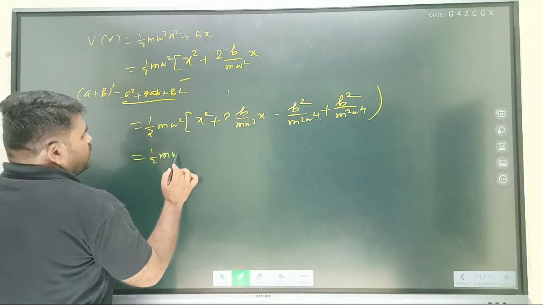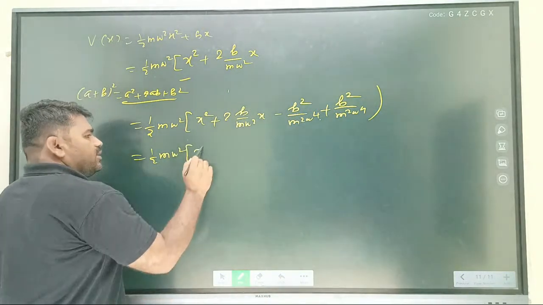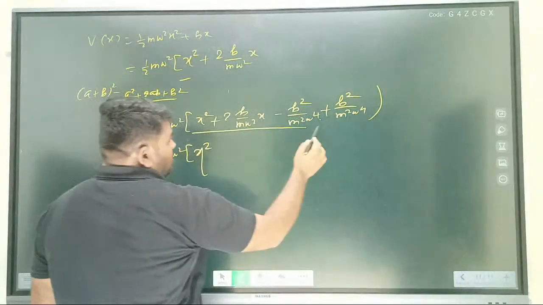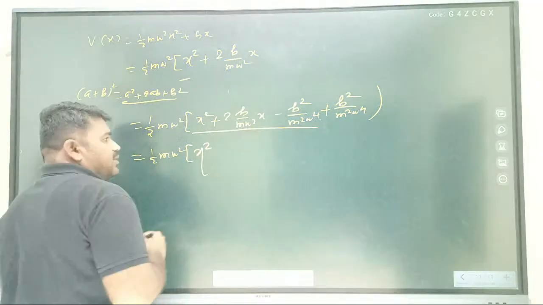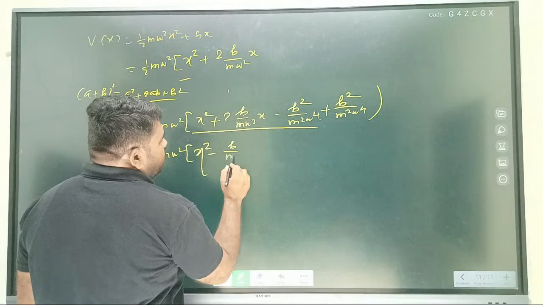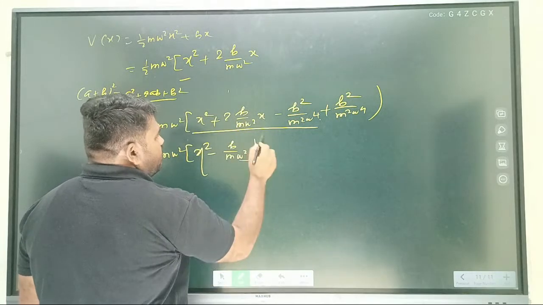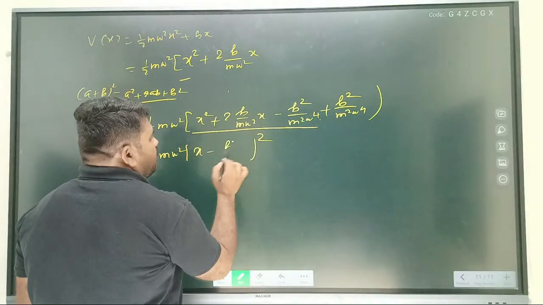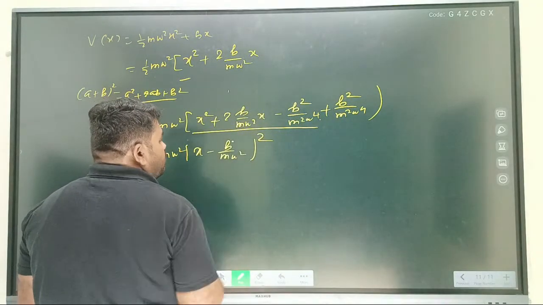1 by 2 m omega square inside the bracket x square. Okay, हम थोड़ा सा split करते हैं. This part is nothing but x minus b upon m omega square bracket, sorry, x minus b upon m omega square bracket square.